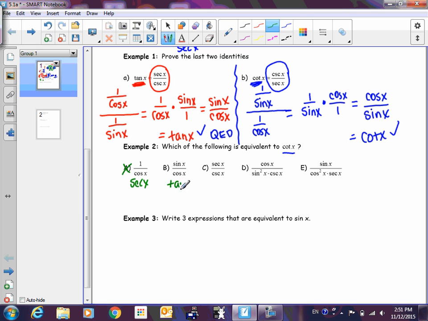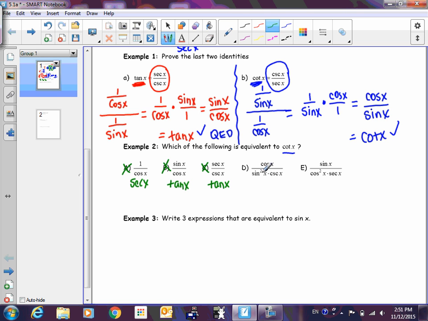B is equivalent to tangent, so B is not the answer. Okay, so secant x over cosecant x, that's also tangent. If those two were flipped, that would be my answer, but they're not, so we got to get rid of them. Now, look at what I have left.